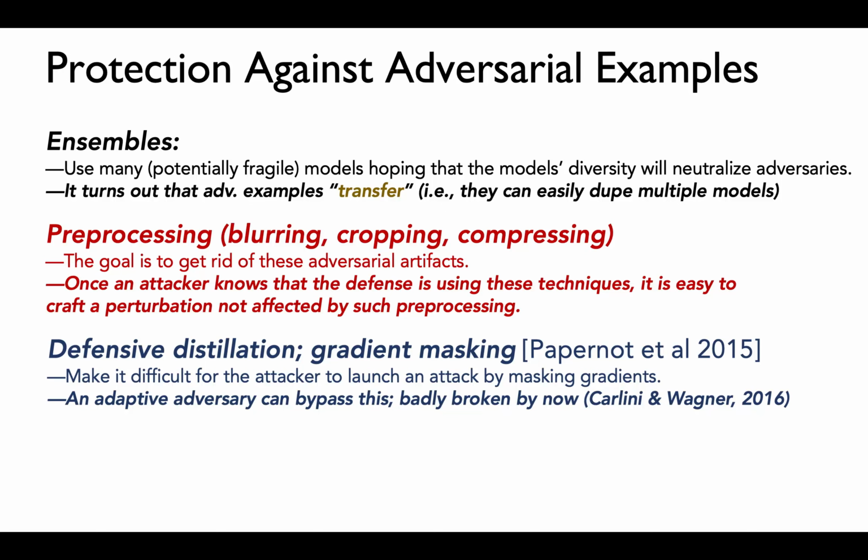So the problem here is that these techniques were earlier thought to be powerful, but once the adversary knows that this is artificial obfuscation of the gradient, which is done as a defense, then the adversary can work around it by making use of black box models.